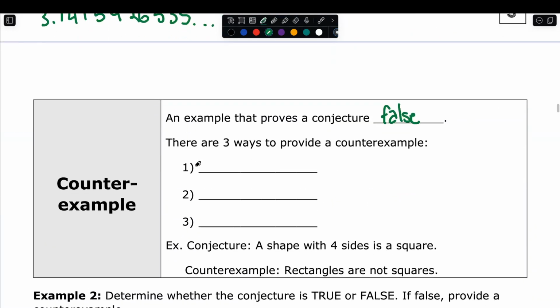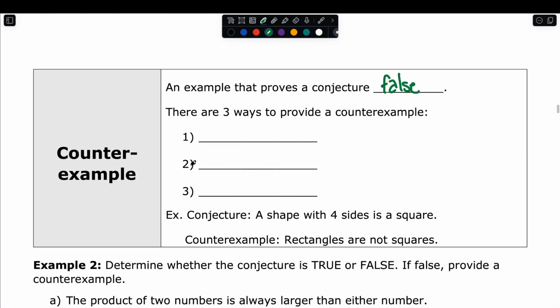And so to provide a counterexample, there are 3 methods. The first is just in writing. Writing a statement. The second example would be using calculations.